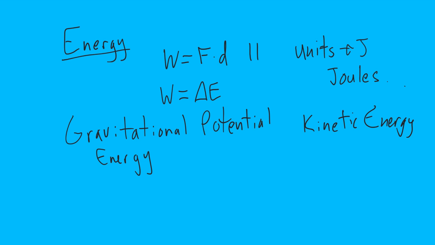Gravitational potential energy is going to be energy that's stored based on the forces due to gravity, and kinetic energy is going to be your energy of motion. We talked about kinematics at the beginning of our school year. So when we use kin, K-I-N, we're talking about motion.